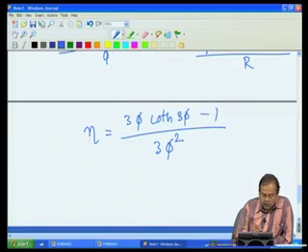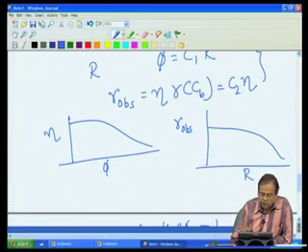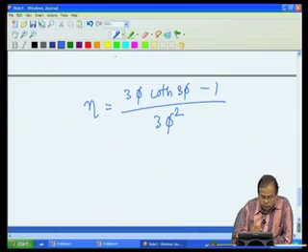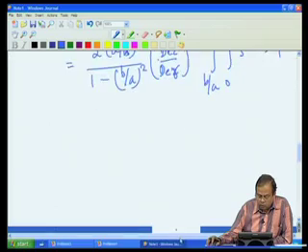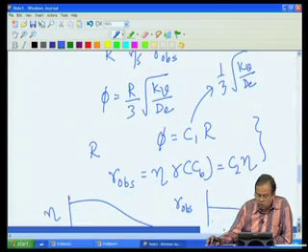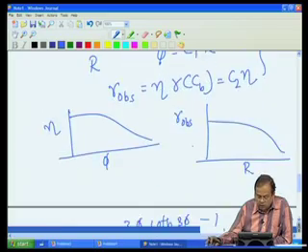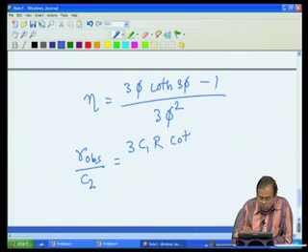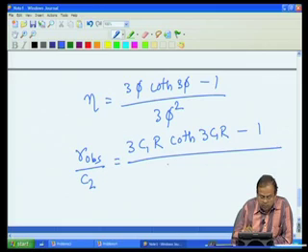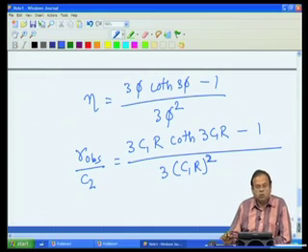So, for eta I am going to put from this particular expression R observed by C2, and for Thiele modulus I am going to put C1 into R, and so if I do that I will get this is equal to 3 into C1 into R cot 3 C1 R minus 1 divided by 3 into C1 into R the whole square.